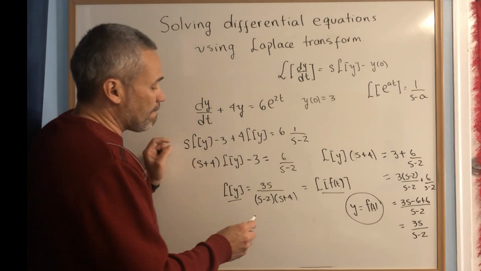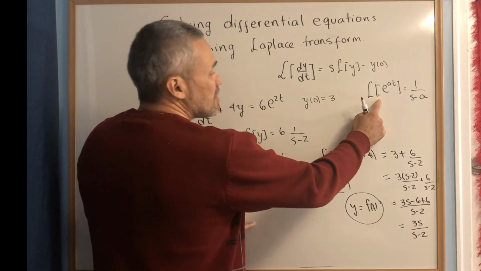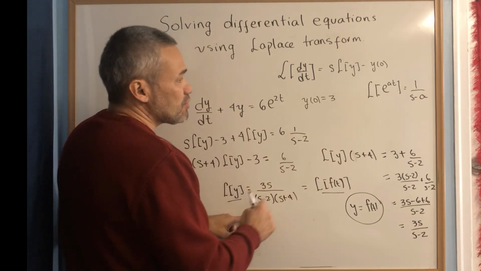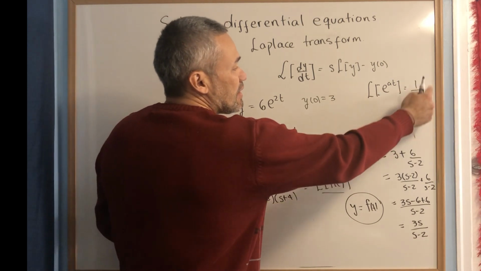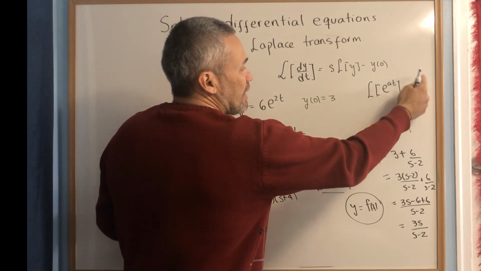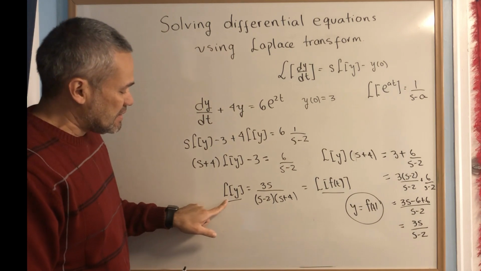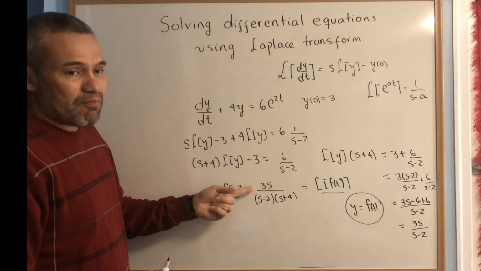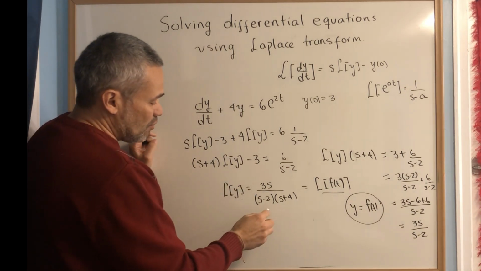Notice that we're going to be using this formula, but this expression doesn't look like the right hand side of this formula. But what is going to help us? Partial fractions. We can do partial fractions here.